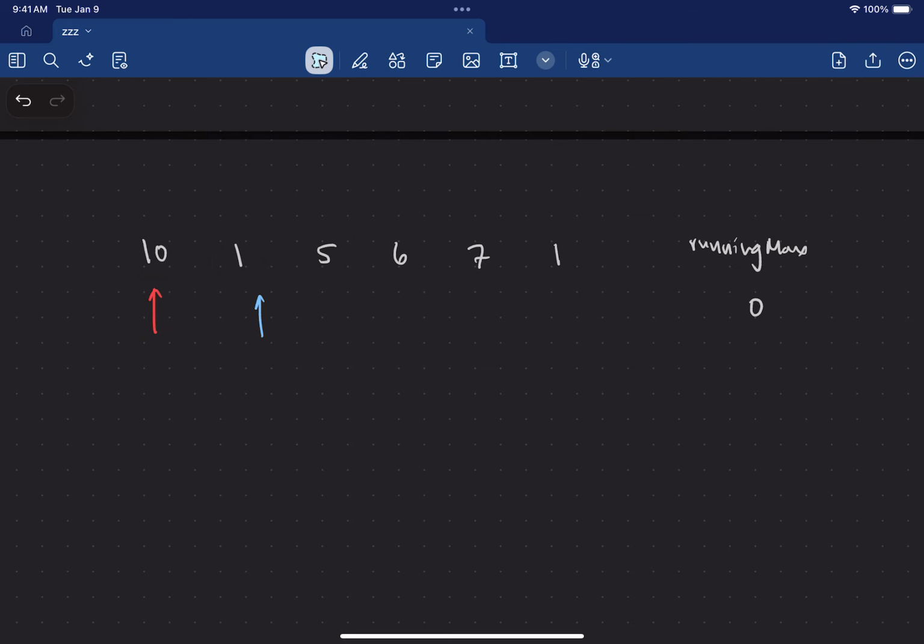Okay, so 1 minus 10 is -9. We definitely don't want that to be our answer, but that also means that any future considerations that we want to make don't need to start here. They should start here instead, because that means we have a lower buying price, which means more opportunity for profit, and we love more opportunity for profit.